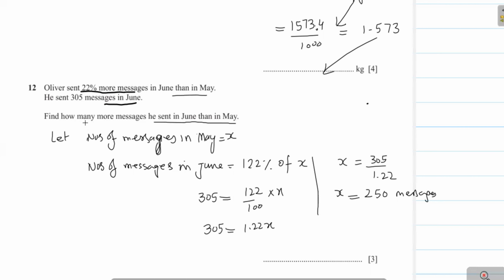Now, how many more messages in June than in May? The number of messages in June is 305. The number of messages in May is 250. Therefore, 55 more messages are sent in June. The 55 messages is the answer.